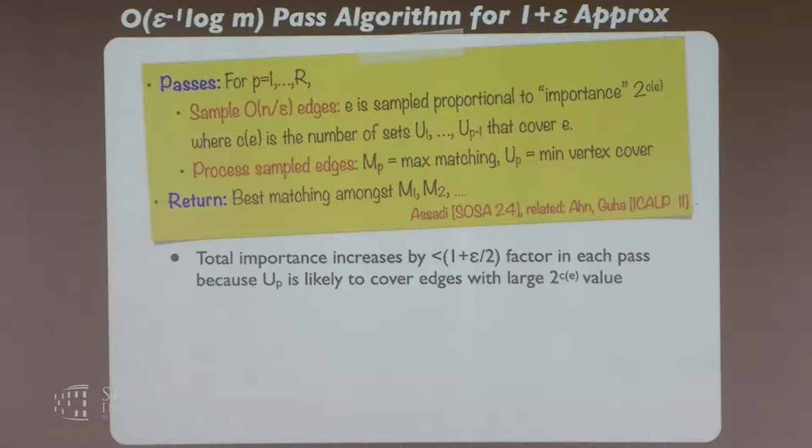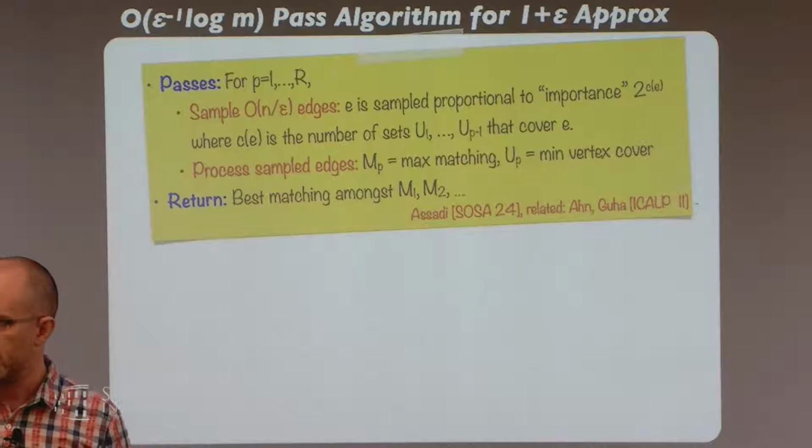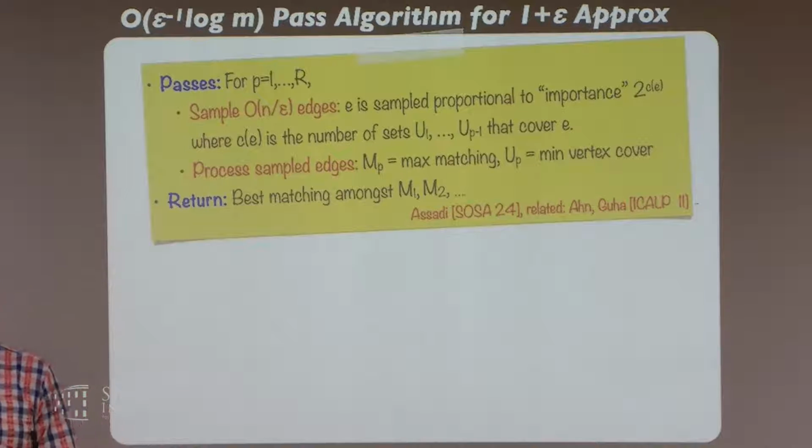So why does it work? Well, remember the fact I gave you about L0 sampling, which is that if you sample n over epsilon edges and compute the vertex cover of those n over epsilon edges, then I argued that you'd cover at least a 1 minus epsilon fraction of edges in the original graph.